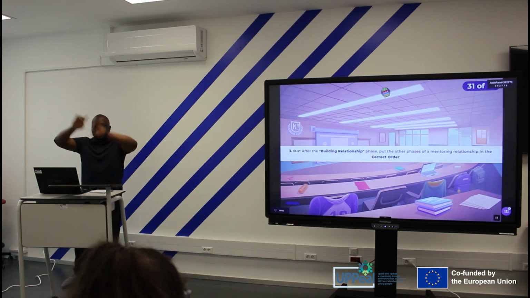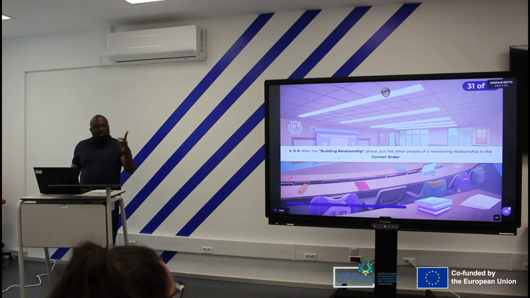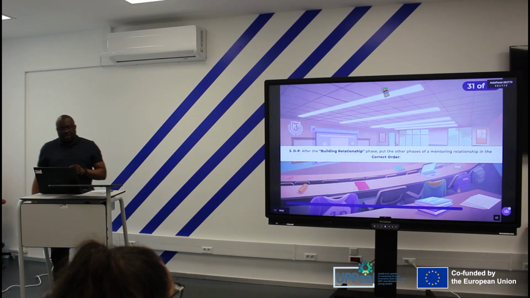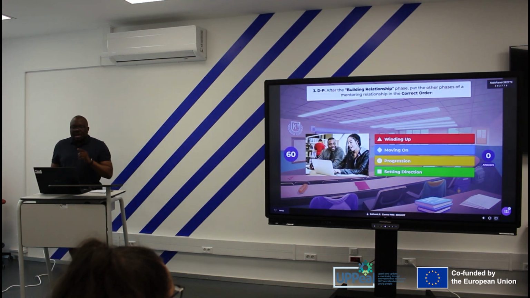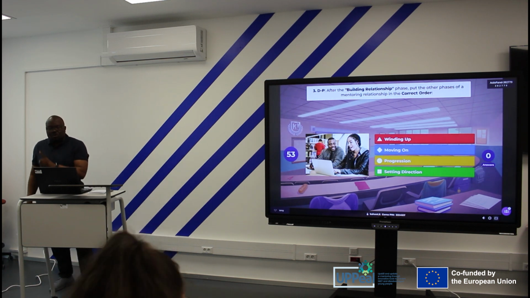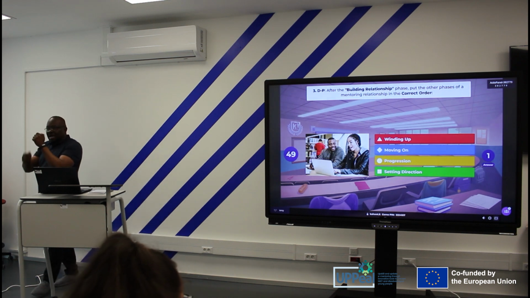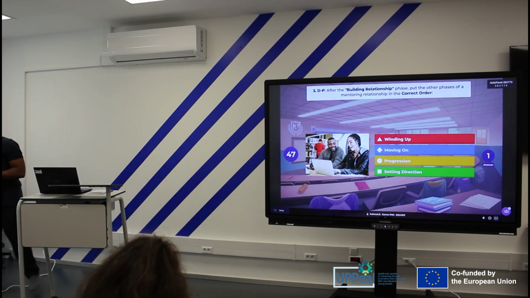Set up the correct order. DP means double points. After the building relationship phase, put the other phases of the mentoring relationship in the correct order. So you can shift it on your app, just move it up and down, get the correct order.